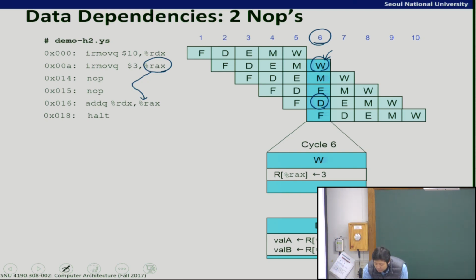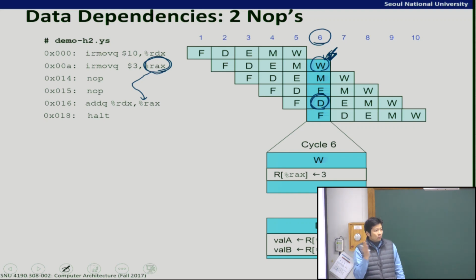But when the RAX register gets updated, because the register file is sequential logic, the value will be updated at the next rising edge of the clock, which is the end of cycle 6. But the problem is this add instruction tries to read the value in the beginning of cycle 6. In other words, the second instruction tries to read it before the value is written back to the register file. So this is problematic, right?